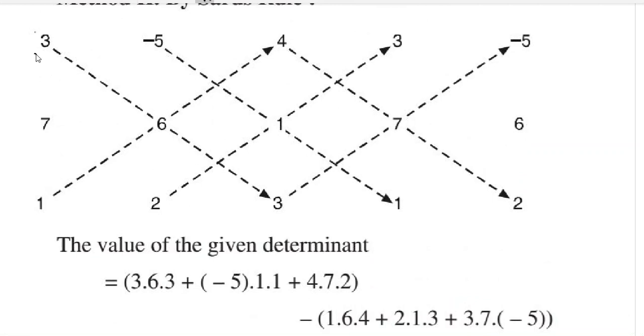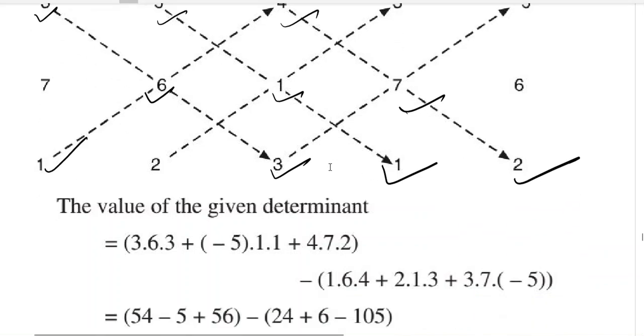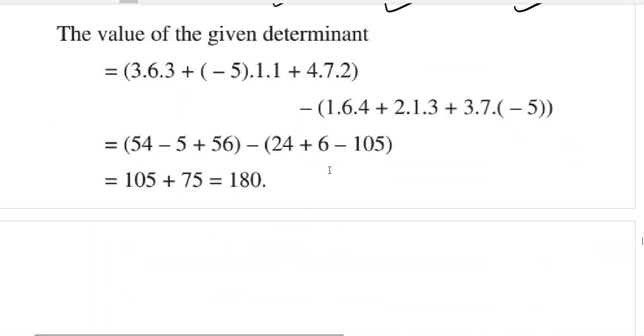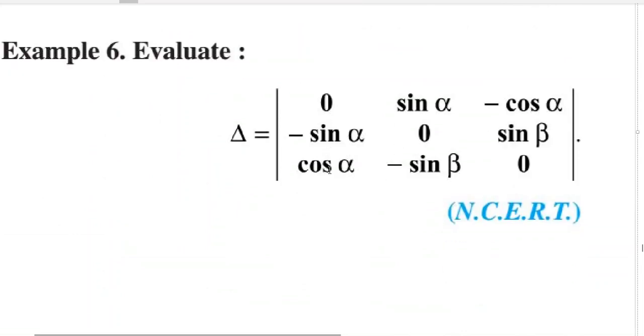They have just multiplied 3 6 3, then added it with minus 5 1 1, and 4 7 2, and they've subtracted from it the products 1 6 4, 2 1 3 and 3 7 and minus 5 respectively, and then they've solved, they've got the correct answer like we did, right? So that's the method.